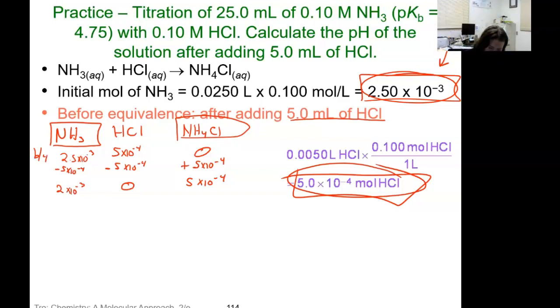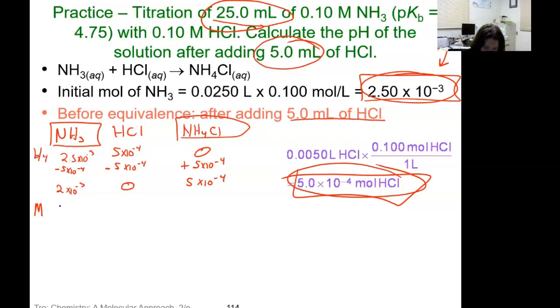You need to find the new molarities here. I just put big M for molarity, right? So this is a problem that people had with the quiz. You forgot this piece here. What do I mean by this piece? We had 25 milliliters in the beaker. We added 5 milliliters. That means our new volume is 30 milliliters, right?